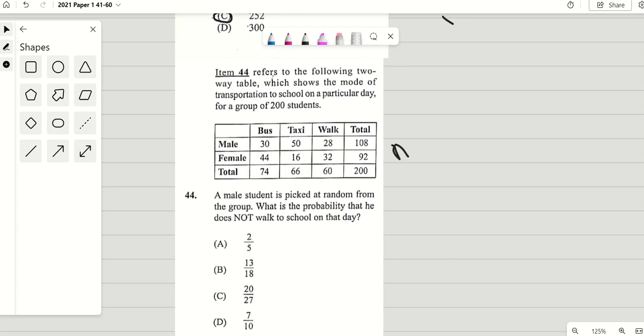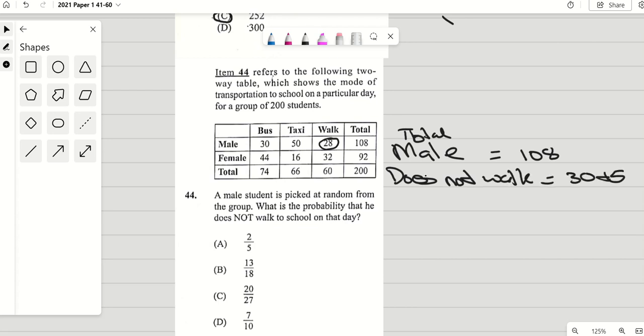So the total for male is 108, right? And then they say the probability that he does not walk. So does not walk would be, you exclude 28, which is 30 plus 50, that's 80.